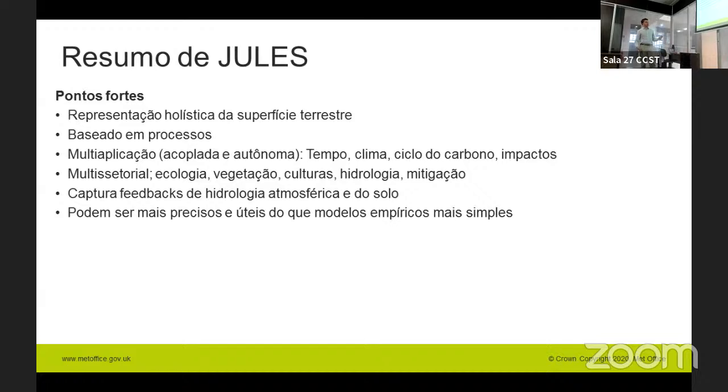And it captures the feedback, importantly for Earth system models, somewhat between the atmosphere and the land surface. And if it's a process-based model, you can avoid relying on more simple empirical models that might not necessarily capture these feedbacks in your assessments.